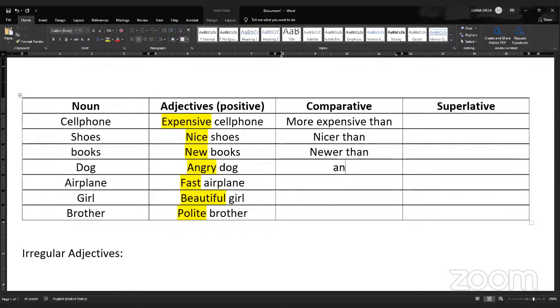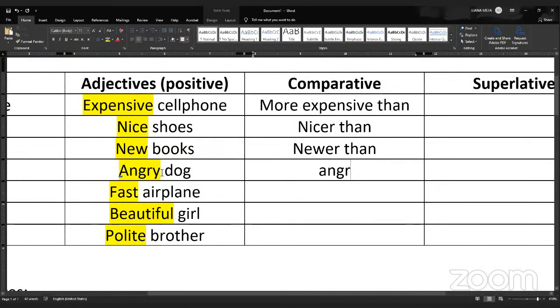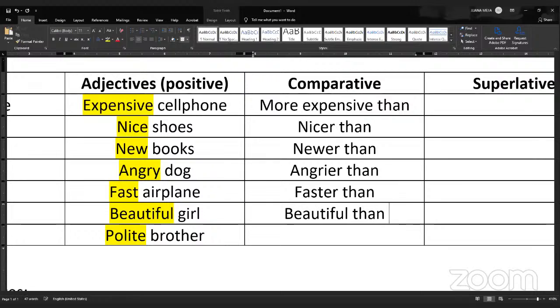Next one, we have the adjective angry. Remember, those adjectives that end in the letter Y preceded by a consonant, we drop the letter Y and we add the letters IER. Angrier than. Fast, faster than. Beautiful is a long adjective. More beautiful than. And the last one, polite. More polite than.